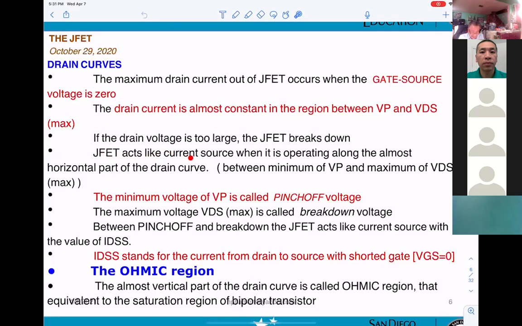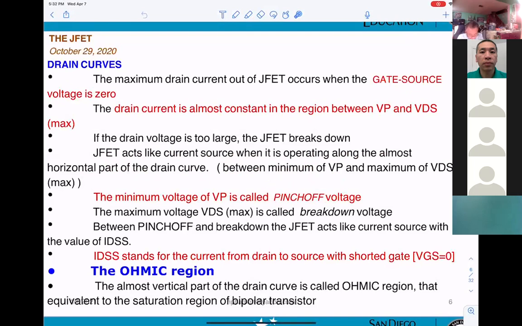The JFET acts like a current source when it's operating along the almost horizontal part of the drain curve, between the minimum VP and the maximum VDS. The minimum voltage VP is called the pinch-off voltage.